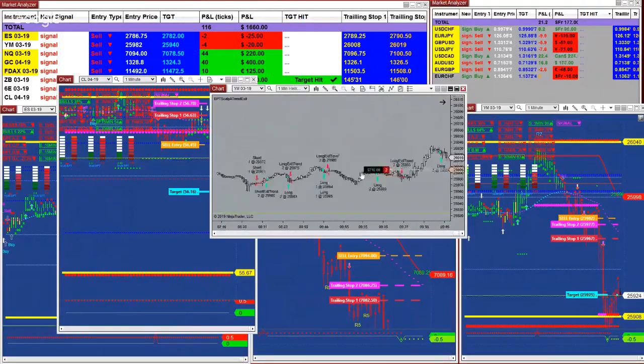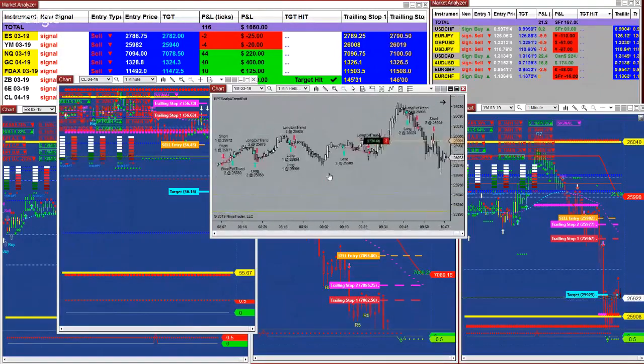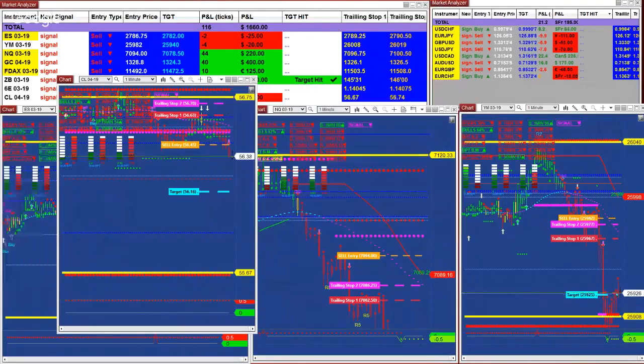We started around 8 o'clock, and it was really choppy, and then all of a sudden, when the market moved, the auto trades started taking trades. So when the market moves, we never miss the trend, but it was a bit choppy earlier today.